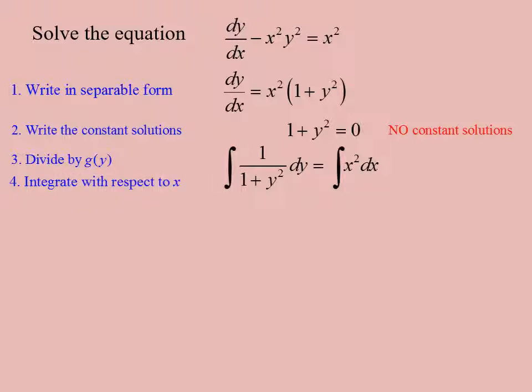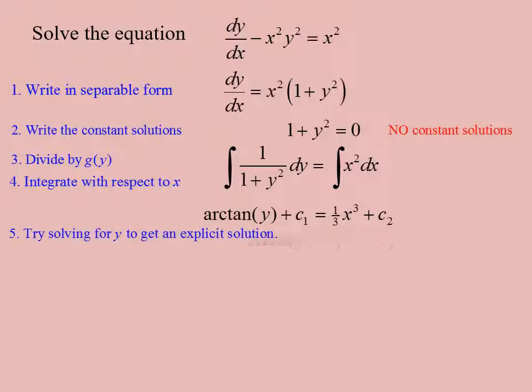Well, the integral on the left side of 1 over 1 plus y squared is the arctan of y. The integral on the right side of x squared would be x cubed over 3. The two constants of integration, the one from the left integral and the one from the right integral, can be combined into a single constant of integration.